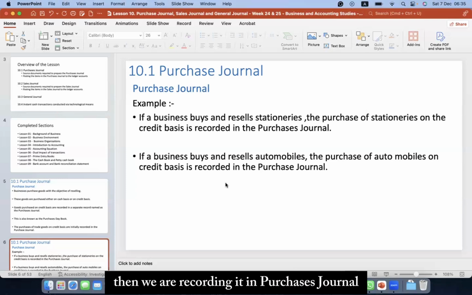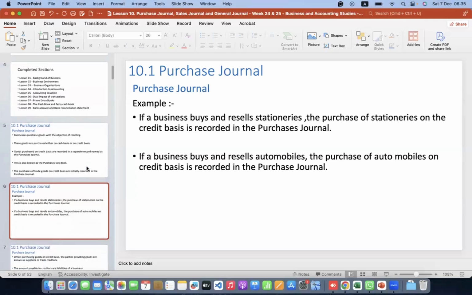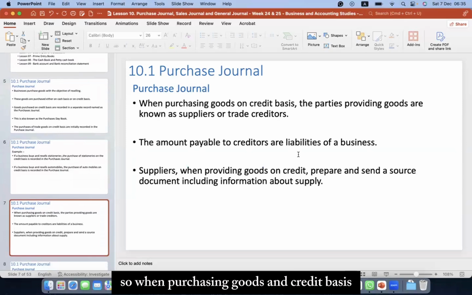Then we are recording it in purchases journal. So when purchasing goods on credit basis, the parties providing goods are known as suppliers or trade creditors. The amount payable to creditors are liabilities of businesses. Suppliers, when providing goods on credit, prepare and send a source document including information about supply.